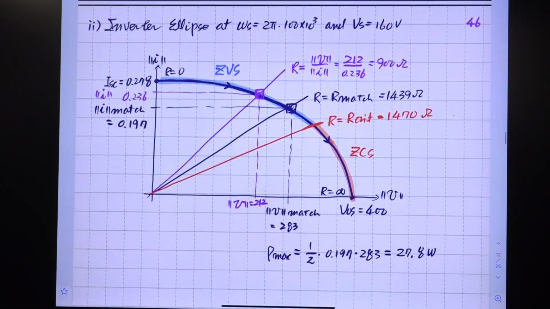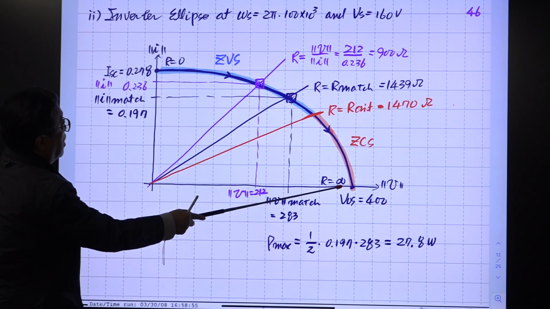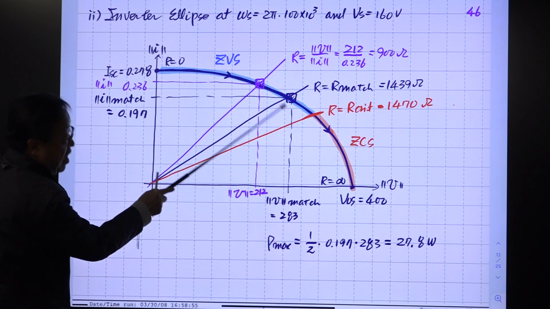So this shows the inverter ellipse at 100 kHz switching frequency with input voltage of 160. If any of this condition is changed, this will be changed, but this is the reference design. So this is the inverter ellipse. Operating point is any point on this line.